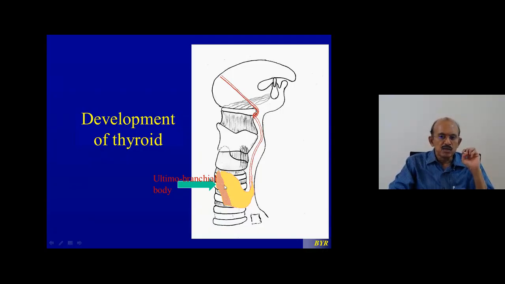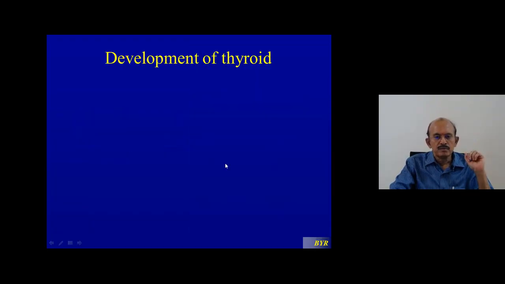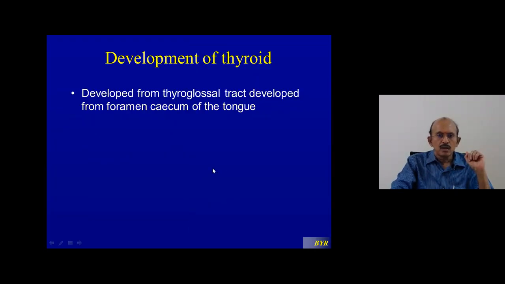At the place where it gets fused, that forms the posterior border of the thyroid gland, and there you will find a pyramidal projection, called the tubercle of Zuckerkandl. To summarize: the thyroid develops from the thyroglossal tract, which arises from the foramen cecum of the tongue.